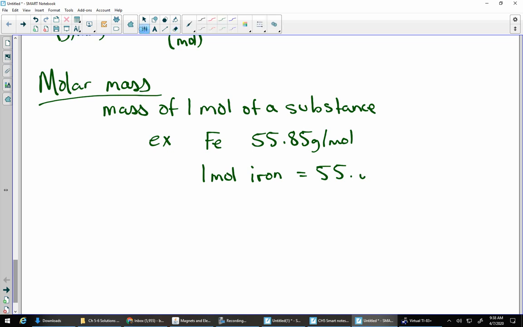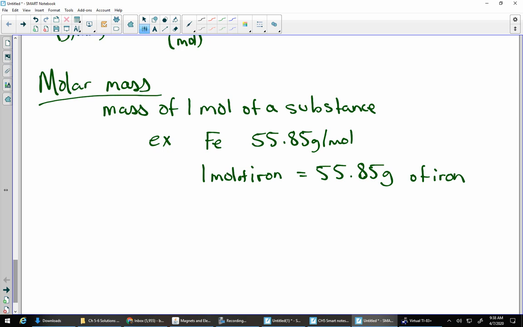I'm screwing up like crazy here. That's what it's telling us: 1 mole of iron is the same thing as 55.85 grams of iron. Or in other words, it's 55.85 grams per 1 mole. Cool. So that's it for elements.